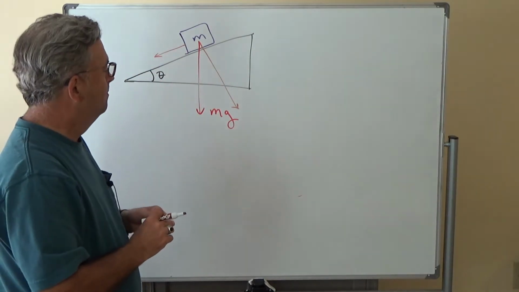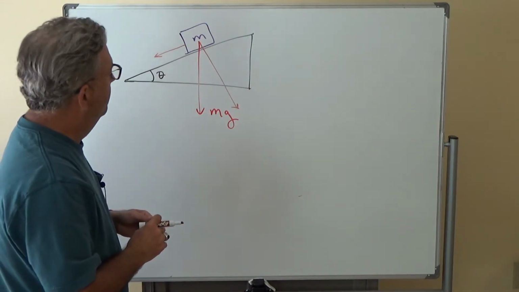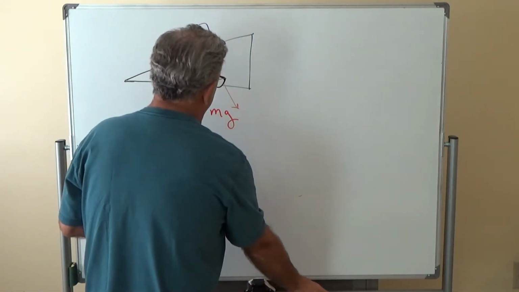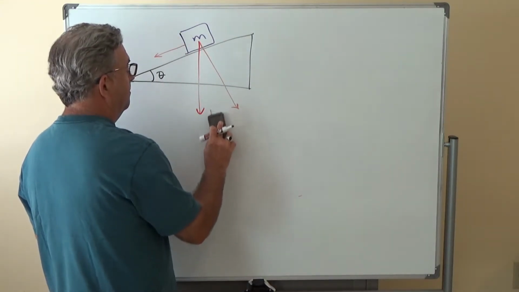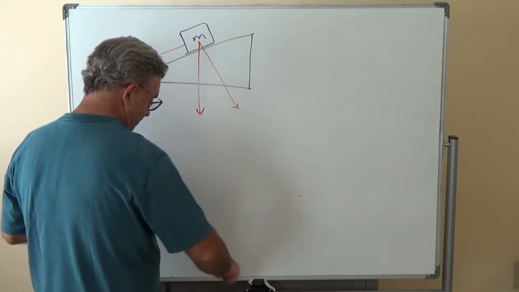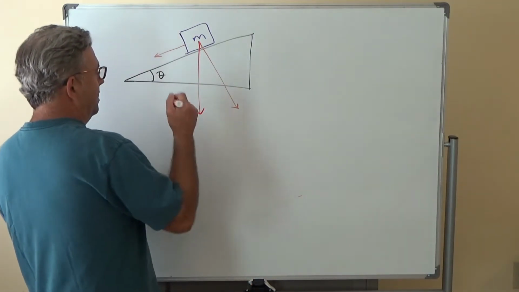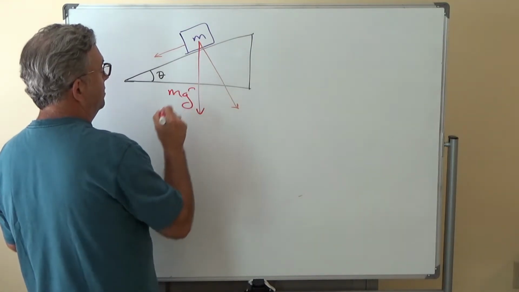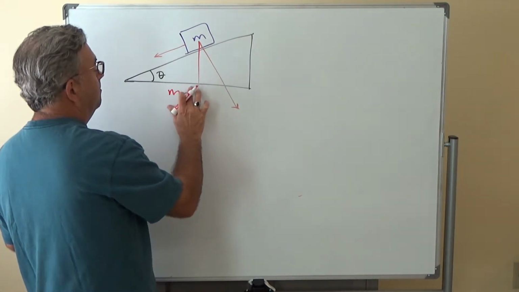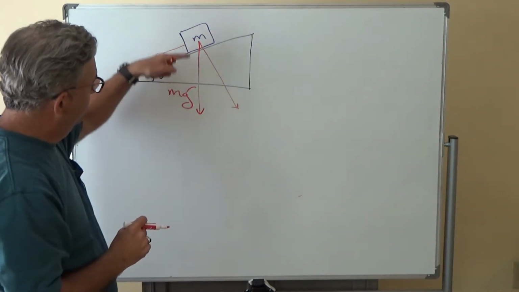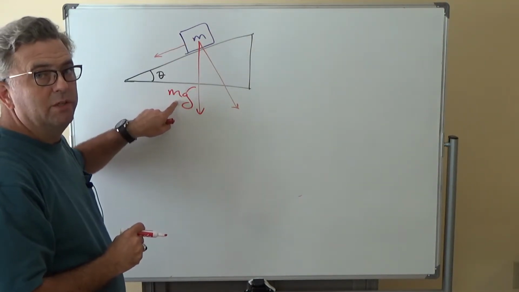All right? I claim, let me redraw it a little bit differently just to show you how these angles work. So this is mg. That's this force, that is little mg.